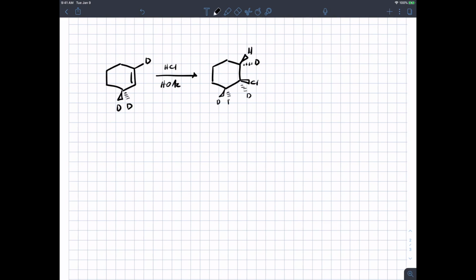I'm not sure why these other deuteria are there. Oh, wrong. So you've got the syn addition product. You have an anti-addition product.